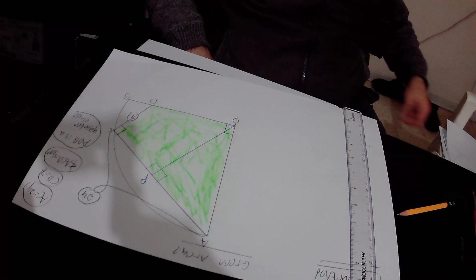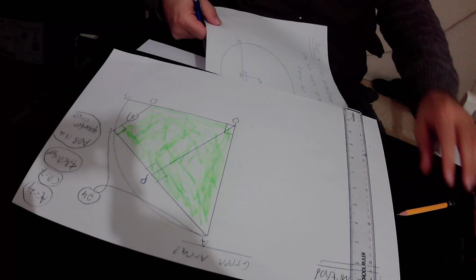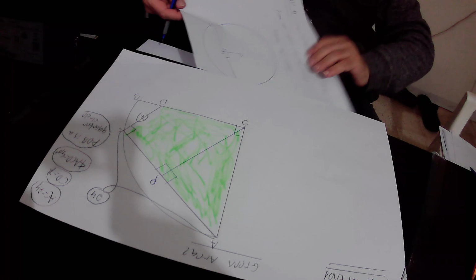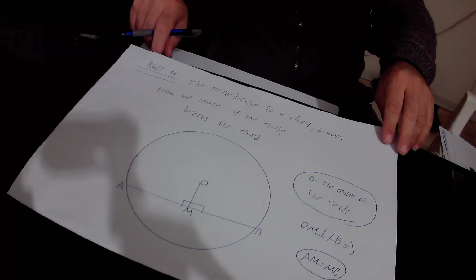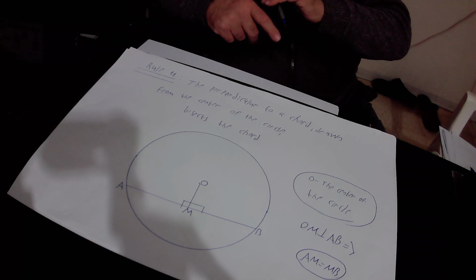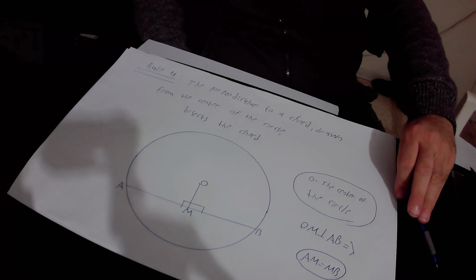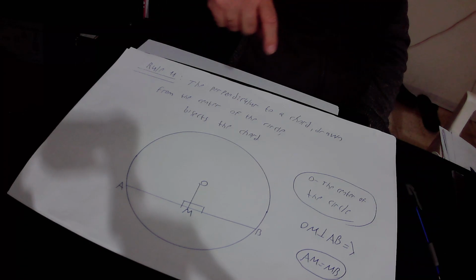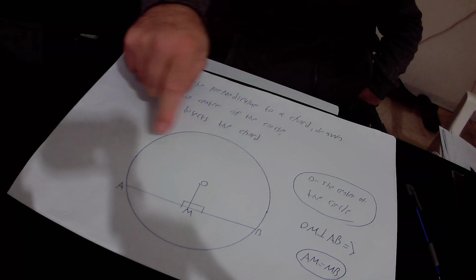So here we have rule number 11. According to rule number 11, the perpendicular to a chord drawn from the center of the circle bisects the chord. Here point O is the center of the circle. From point O we draw perpendicular OM on chord AB.